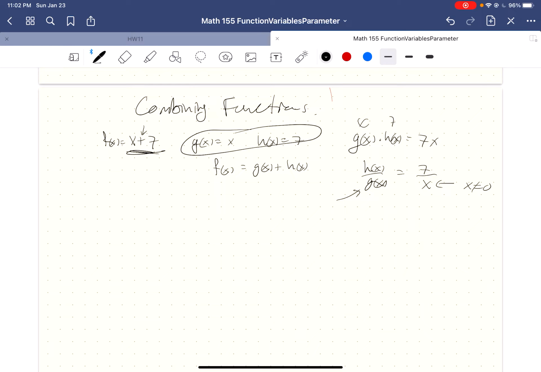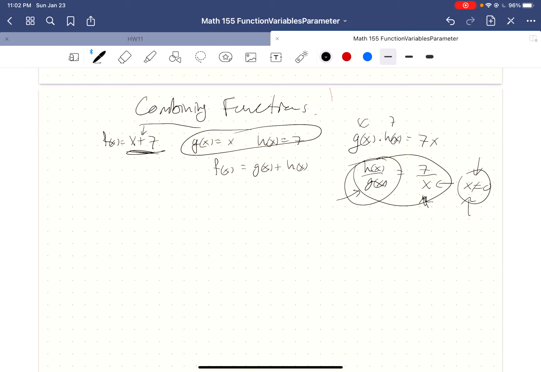Okay. So we can combine functions, and sometimes things are going to pop up where we might need to worry about if the combination is valid. And if it's not valid, typically it's only going to be for certain special cases, and so we say, okay, just don't allow that to happen, but otherwise it makes sense. So we can add functions, subtract, multiply, and divide. When we do division, we might have to take out certain x values or inputs that would cause the denominator to be 0.